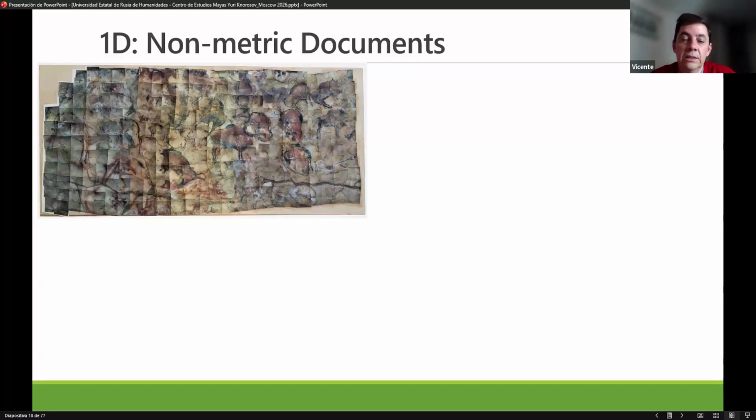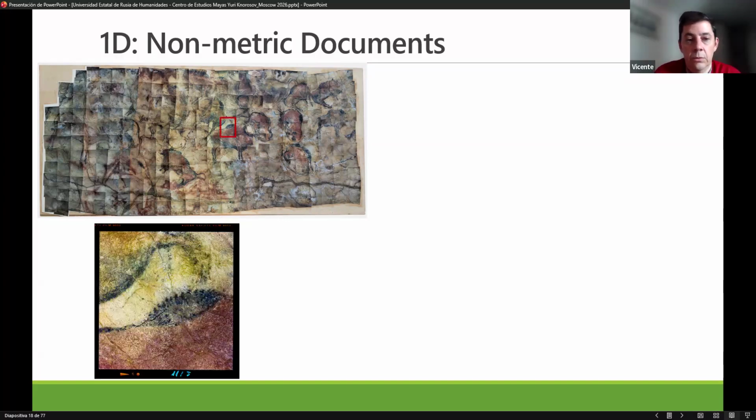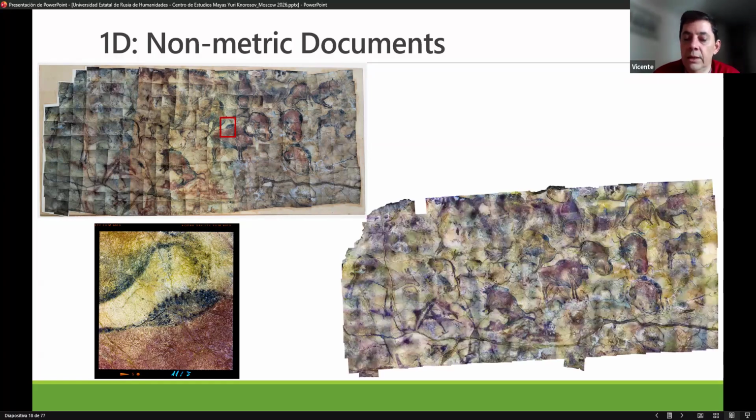This is a photo mosaic taken of the polychrome ceiling of Altamira in 1978. This was a collection of pictures like this that you can recover, reprocess and analyze with current technology. So all this information is very useful.